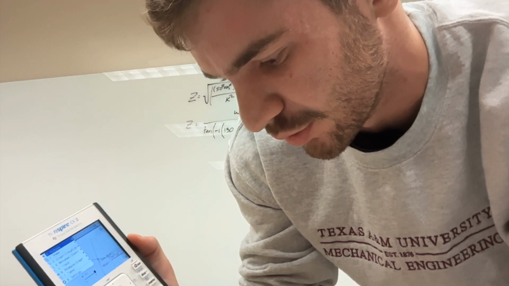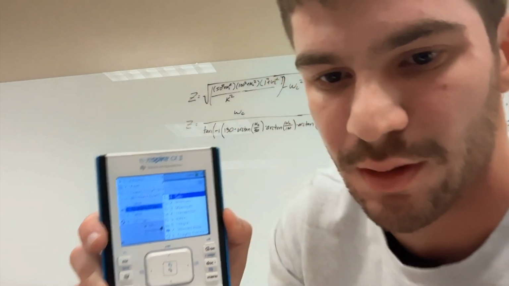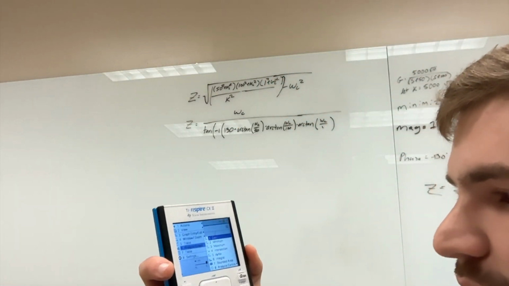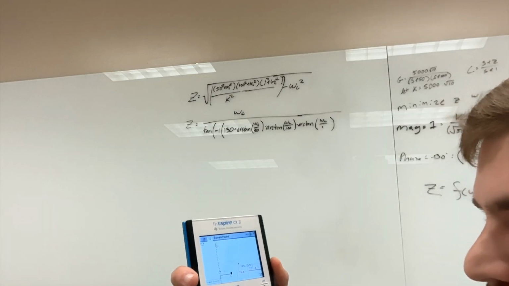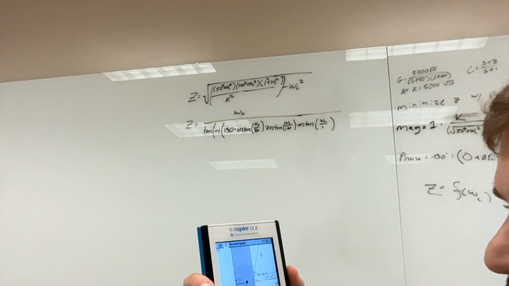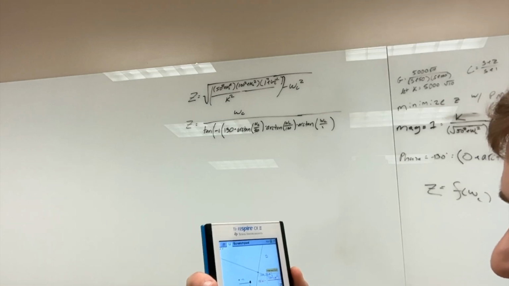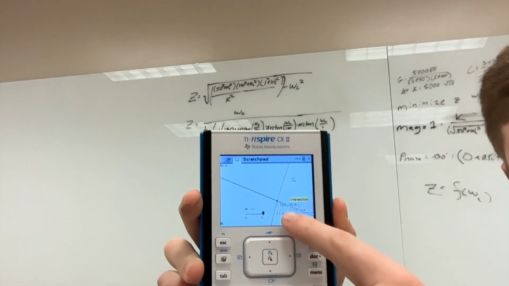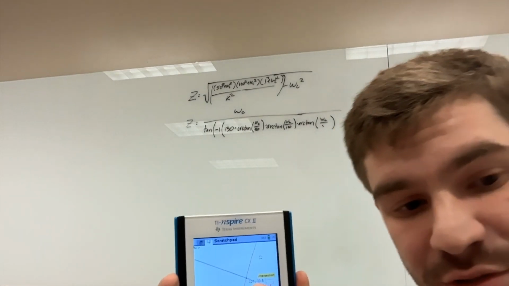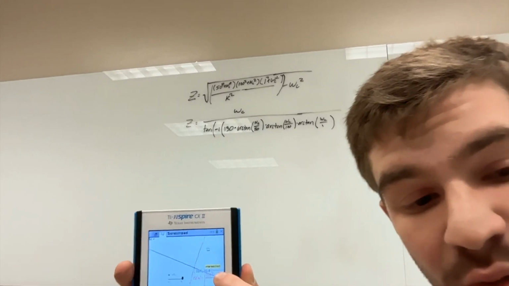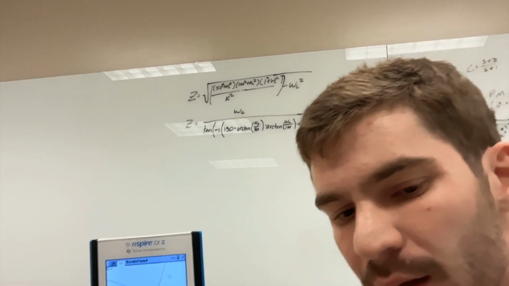You can go to menu, then 6, analyze graph. You'll go to intersection, which is 4. You'll hit a lower bound, pick an upper bound, and it will find your intersection, which will give you 104 as your crossover frequency, X, and 35.6, which is your z, which is Y.